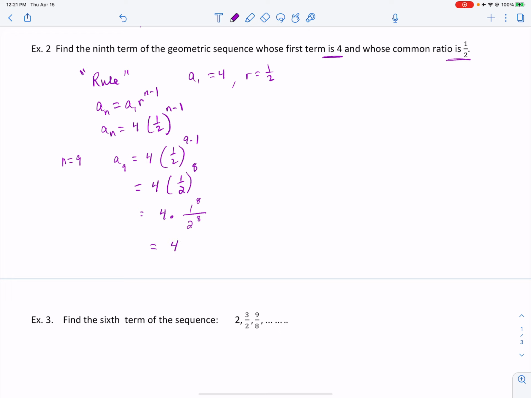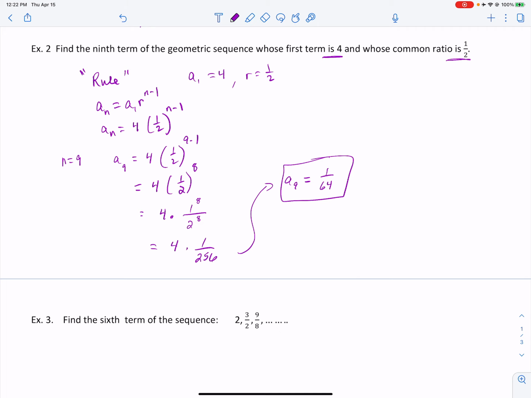You need to show some steps on this. So you get 4 times 1 over 256, and that simplifies the 9th term to 1/64. Give exact values and simplify where possible.